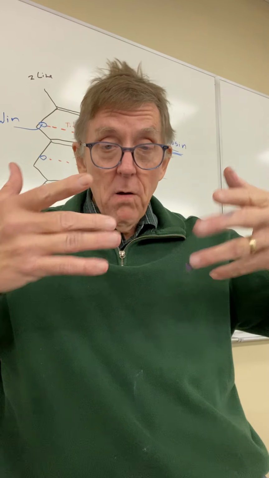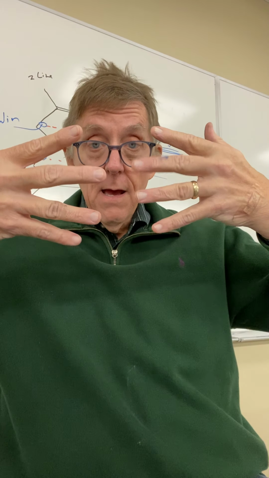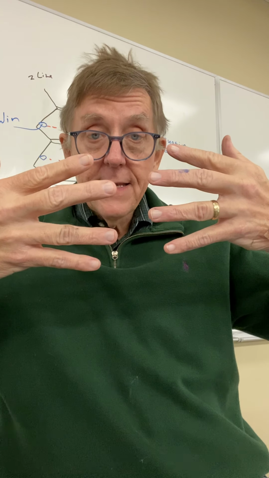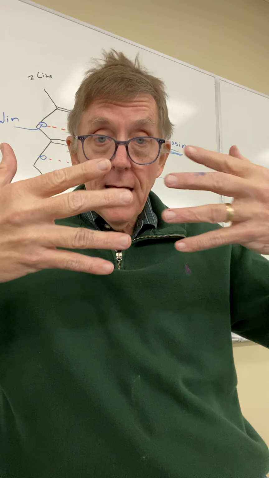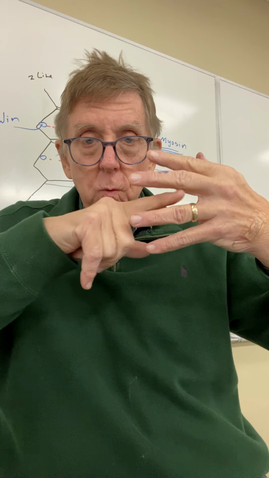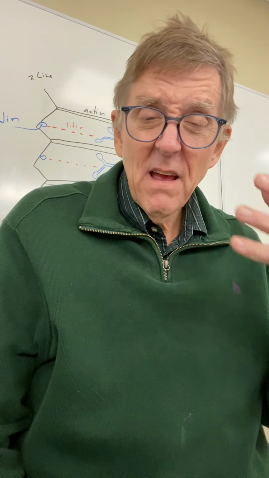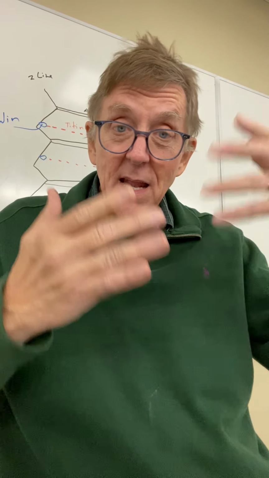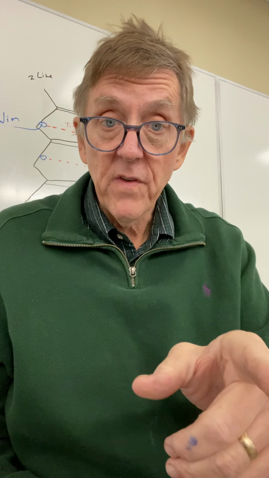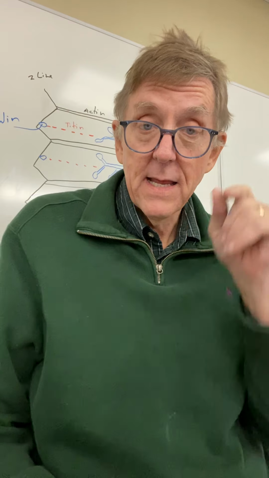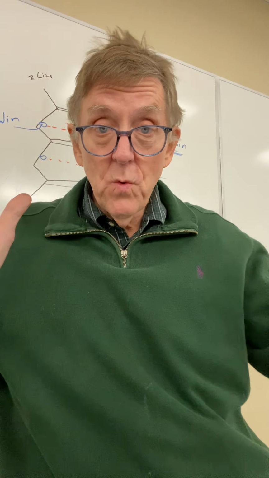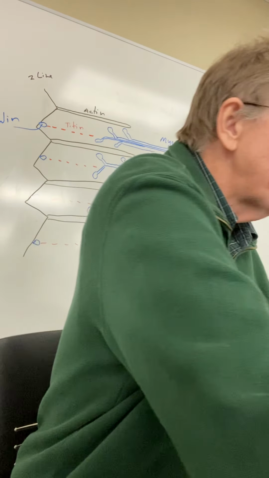A sarcomere has a Z line on either end with actin sticking out and attached to it. And in between here, you have myosin. And so we had said there's going to be an interaction between the myosin and the actin, which is going to pull those 2 Z lines together.